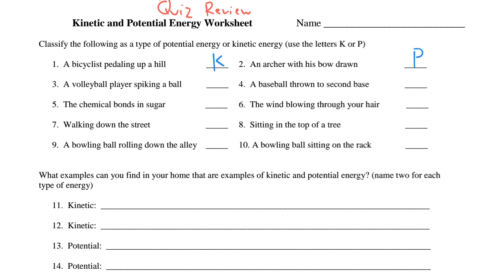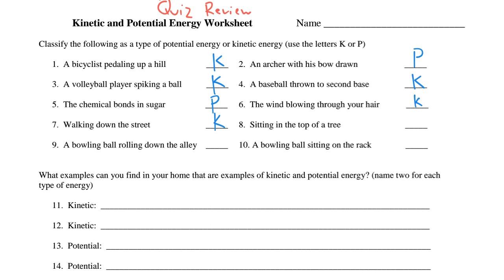Striking a ball, so striking, I consider that to be moving. You could say there's some potential energy there as the ball compresses and then that's released, but I think that's kinetic energy. Thrown, chemical bonds are a form of potential energy. The wind is blowing through your hair, so it's moving. Walking, sitting. So is there any energy here?